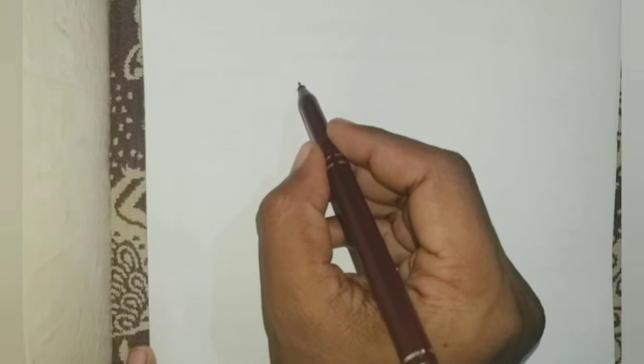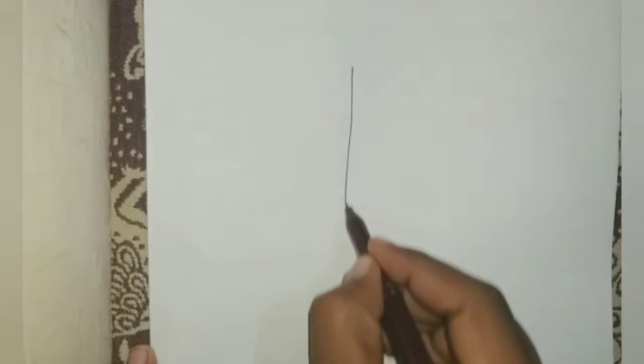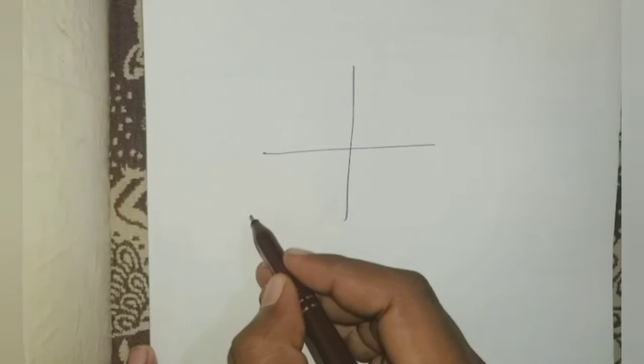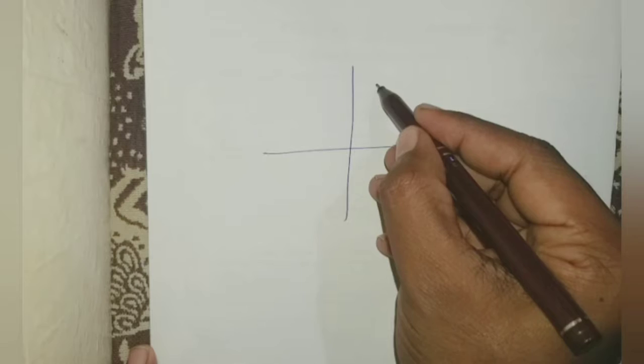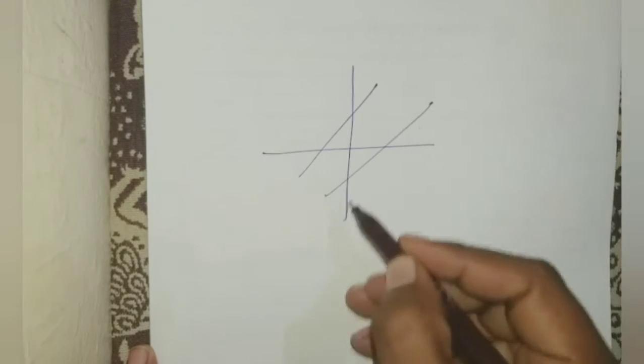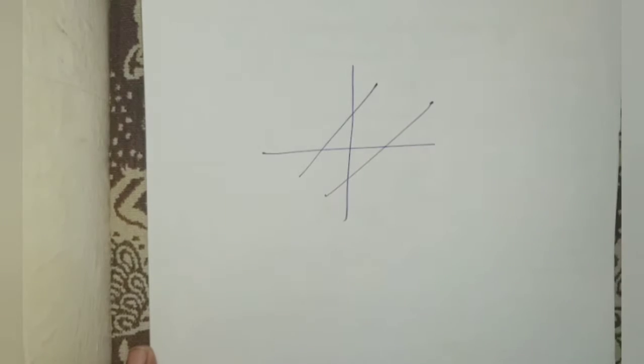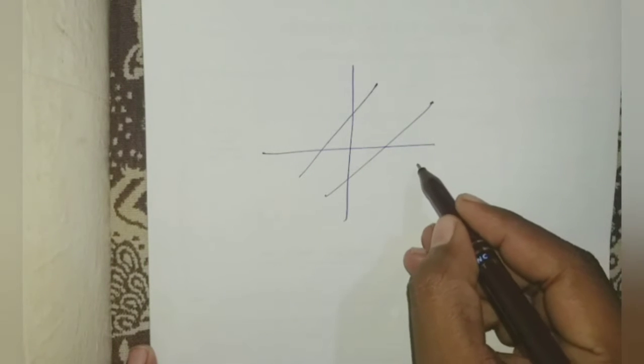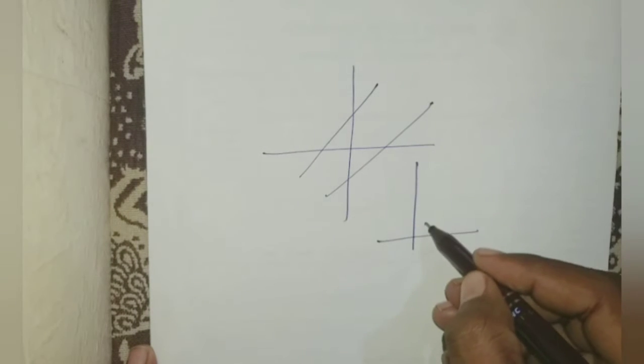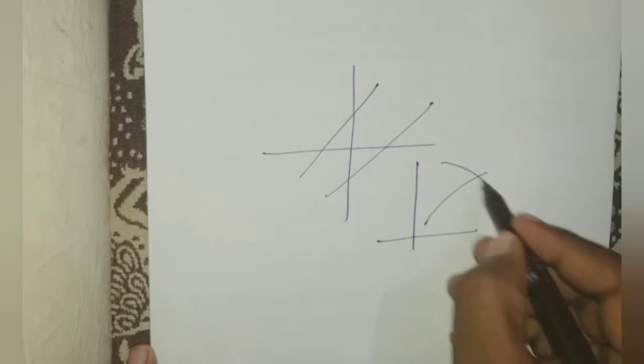See, in 9th standard you did graphs. While plotting a graph you were getting straight lines, right? But this year, while plotting a graph, the graph will be in curve shapes.